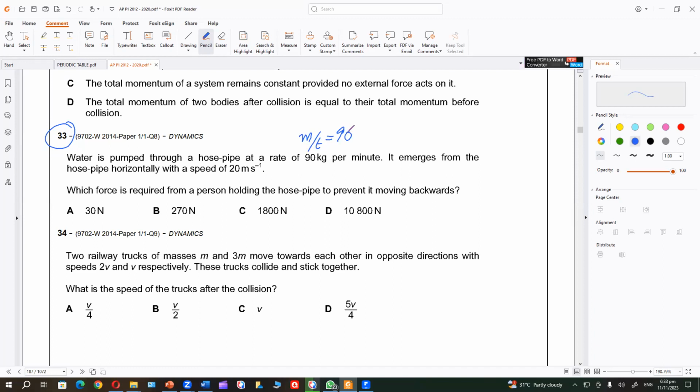It emerges from the hose pipe horizontally with a speed of 20. 20 multiplied by 90.